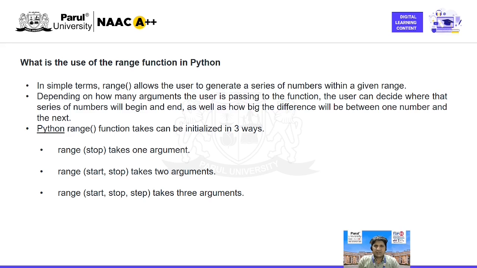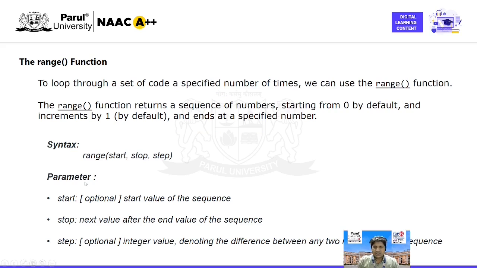It depends on how many arguments the user is passing to the function. Range is a function, so it also accepts arguments, parameters. The start is optional and the step is also optional.